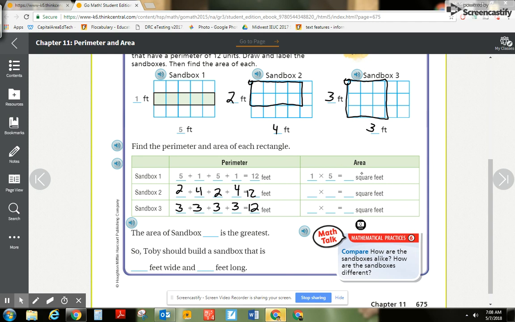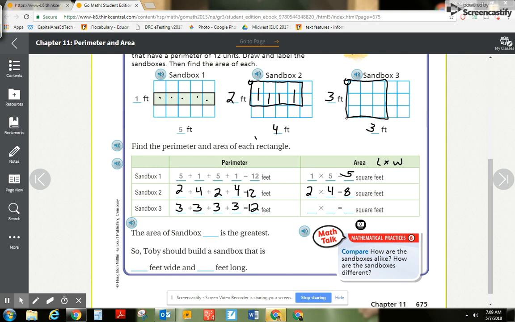To find the area, remember area is length times width, or the space inside. We do 1 times 5 is 5, and there are 1, 2, 3, 4, 5 square feet. Sandbox 2, the area is 2 times 4. That's 8. I can just count 2, 4, 6, 8.